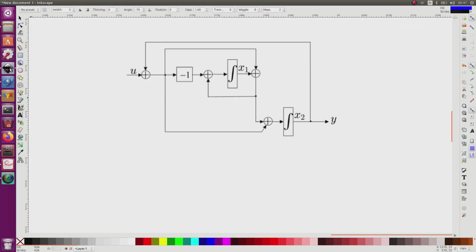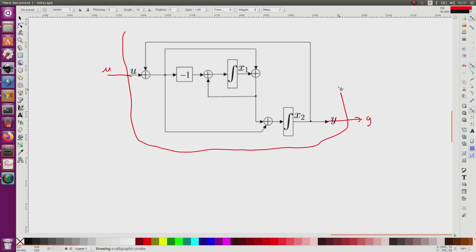So let us recall what an observer means. I have here my system where the input is u and the output is y, and I am interested in the values of x1 and x2. For this, I'm not able to measure them directly. And what is an observer?